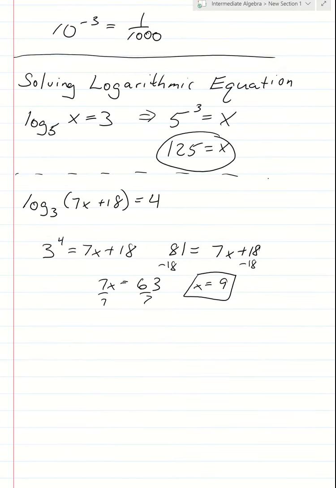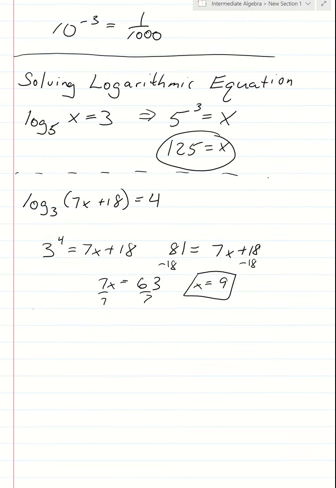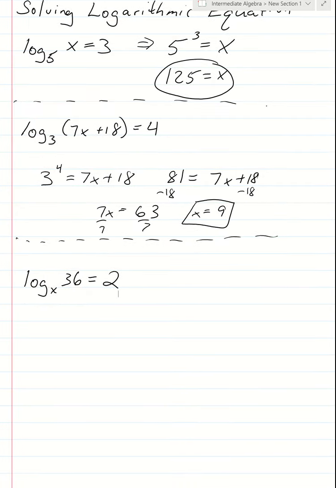What if x was in a different location? Let's say, for example, we had the log base x of the number 36 equals 2. Now we're figuring out the base. Okay, well now, once again, what we need to do is rewrite this in exponential form.